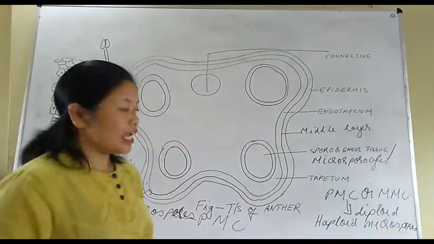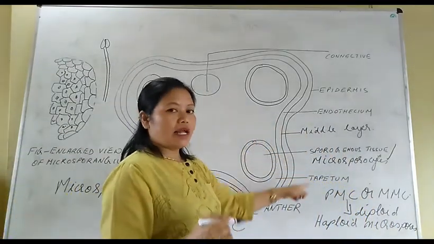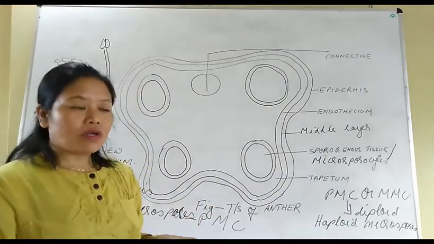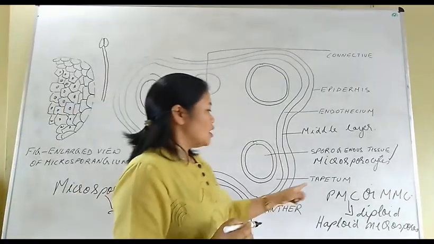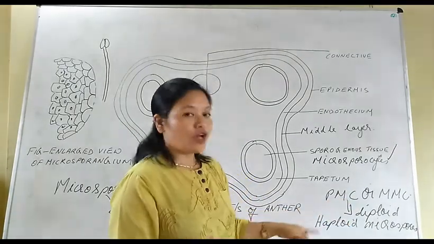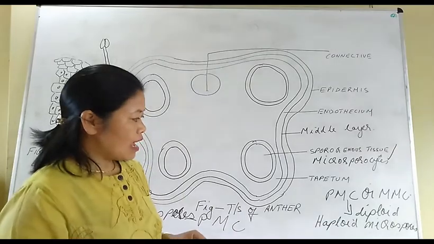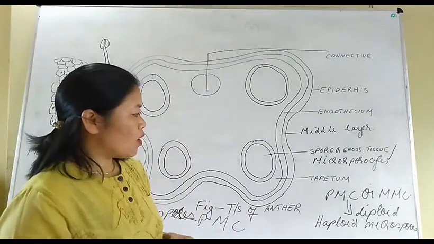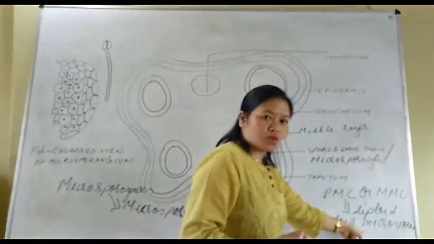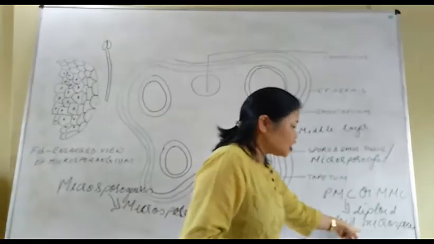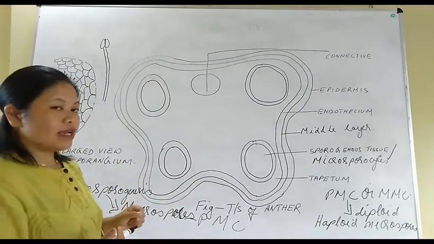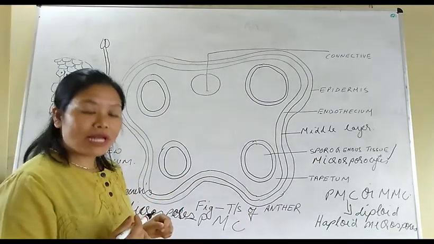Again I repeat, each microsporocyte undergoes mitotic divisions and gives rise to a number of diploid pollen mother cells or microspore mother cells, which undergo another division and give rise to haploid microspores. And each microspore will give rise to pollen grains.